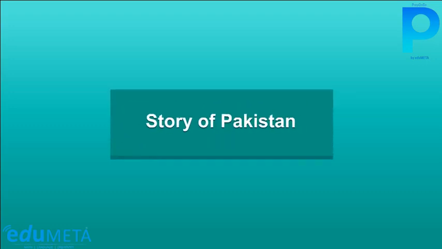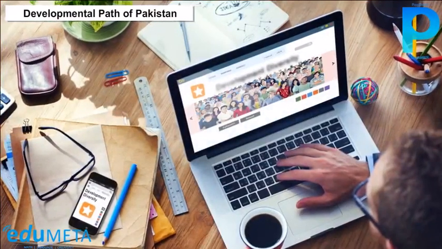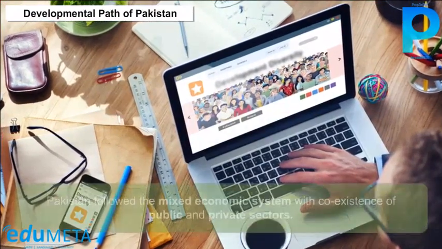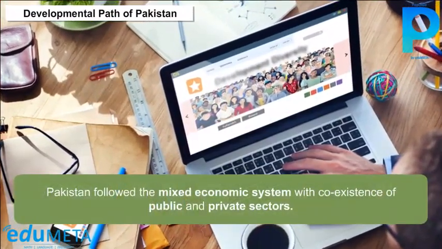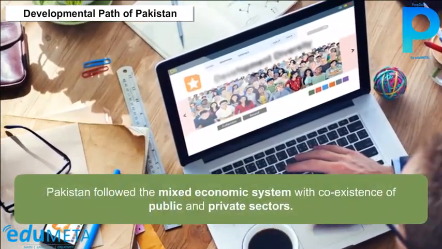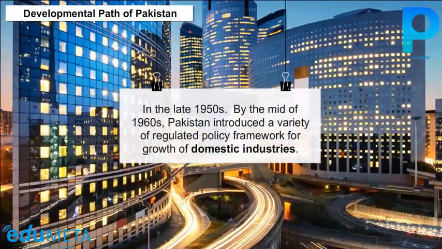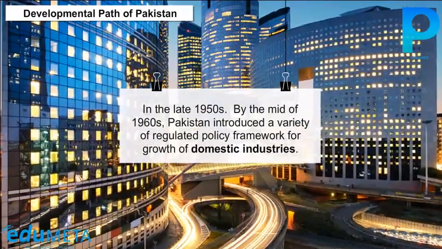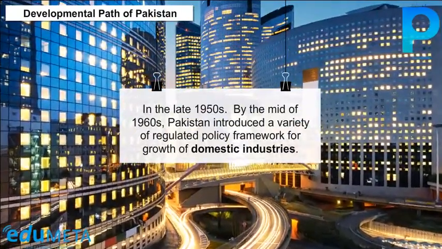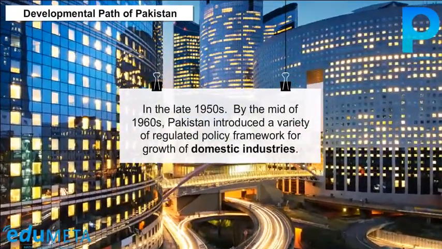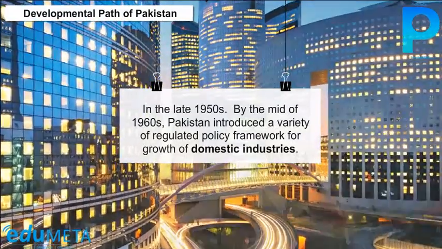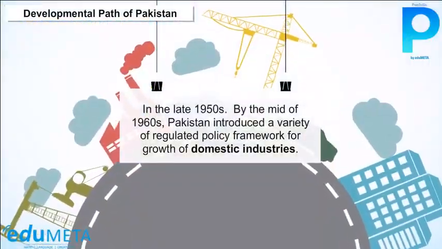Story of Pakistan. Developmental path of Pakistan. Pakistan followed the mixed economic system with coexistence of public and private sectors. In the late 1950s, by the mid-1960s, Pakistan introduced a variety of regulated policy frameworks for the growth of domestic industries.